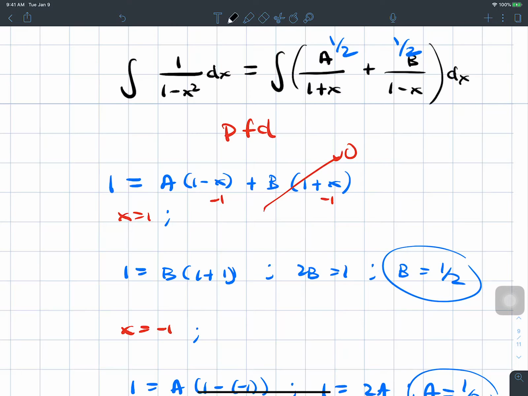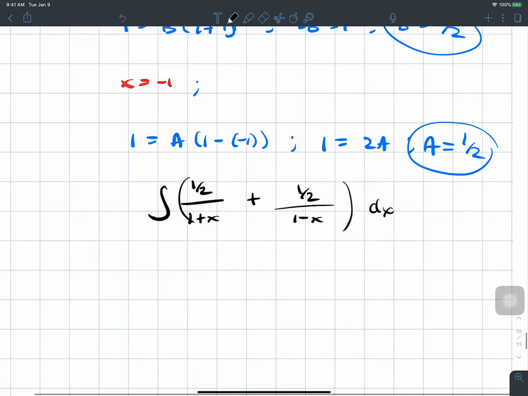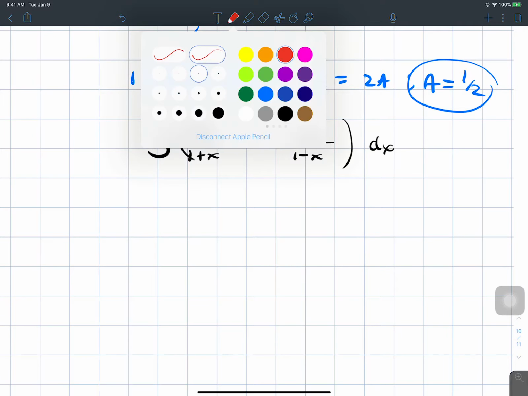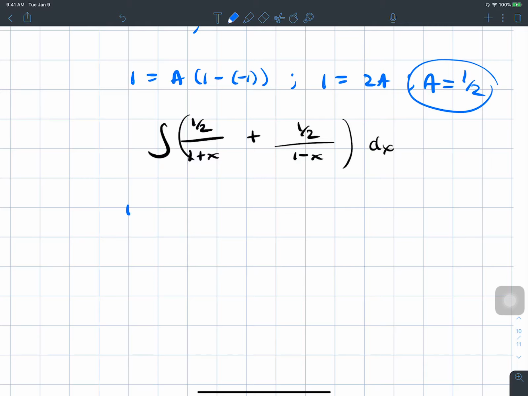Looks like we're good. Oh, I don't know why I always thought 1 would be negative. Okay, here we go. We're going to use properties of integrals. So we get 1/2 integral 1 over 1 plus x dx plus 1/2 the integral of 1 over 1 minus x dx.